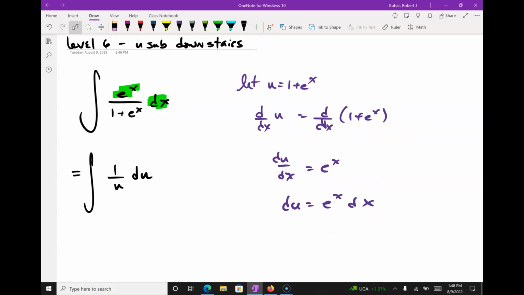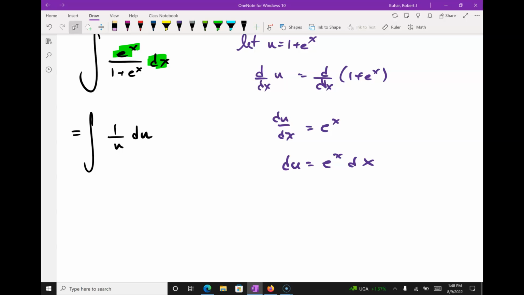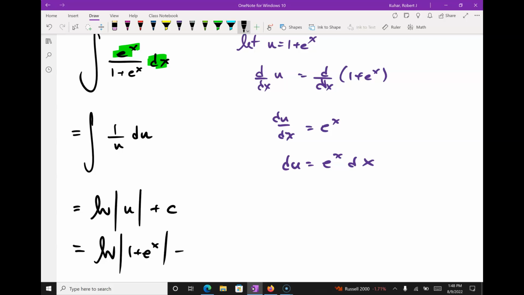Correct? Yeah? Good. What's the antiderivative of 1 over u? We're back to the beginning. We know this antiderivative. We knew it a long time ago. ln of the absolute value of u plus c, which becomes ln of the absolute value of 1 plus e to the x, all plus c.